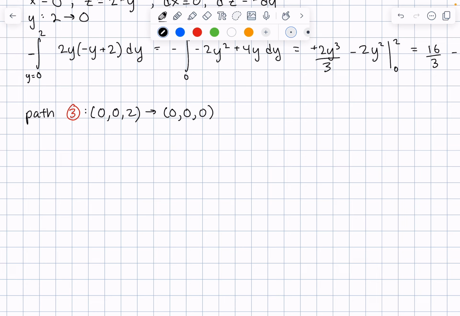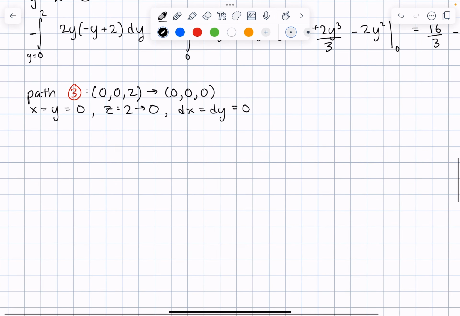And again, we will have that our x and our y are going to be constant and 0. And then our z is going to be taking us from 2 to 0. And again, our dx and our dy are going to be 0 because they are not changing.